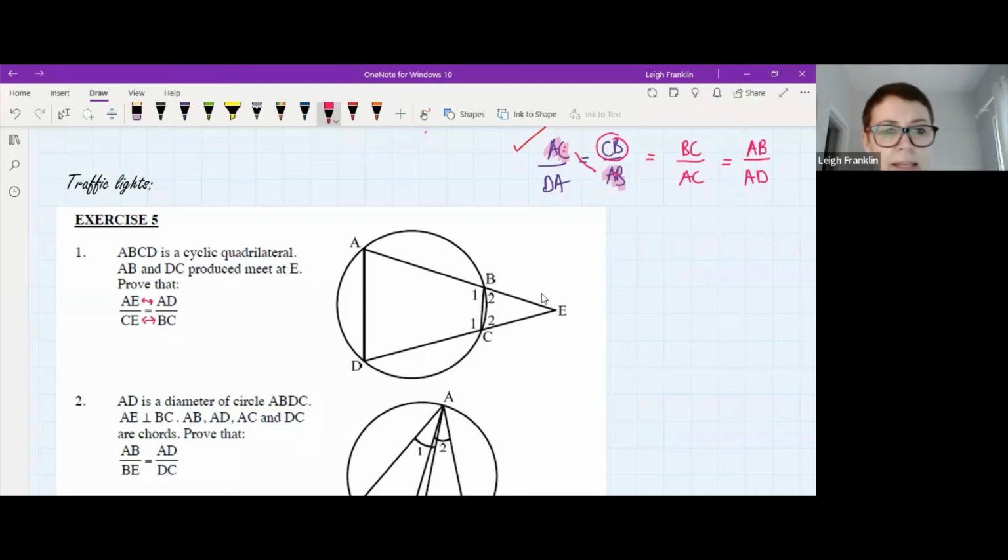So now you say, is AED a triangle? Yes. Is BCE a triangle? Yes, it is. Nice, that worked out easily for us this time.